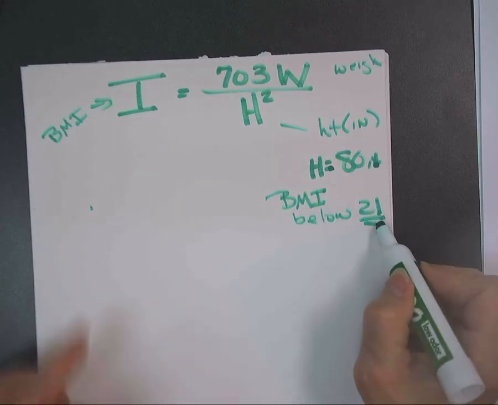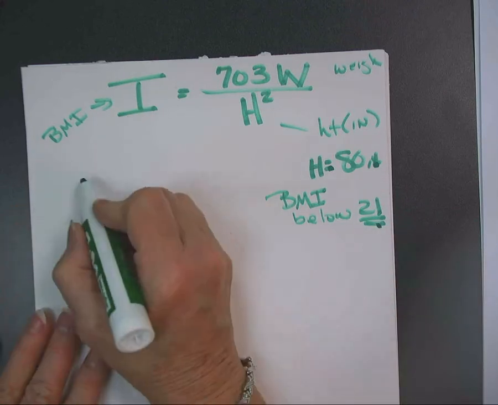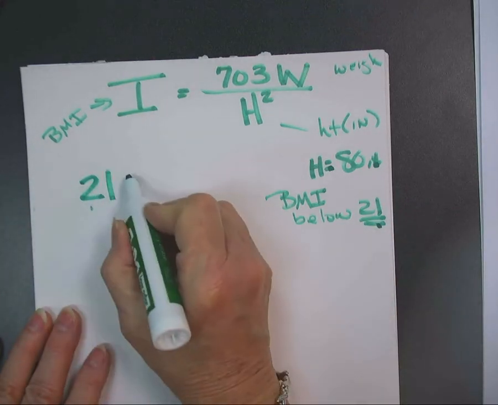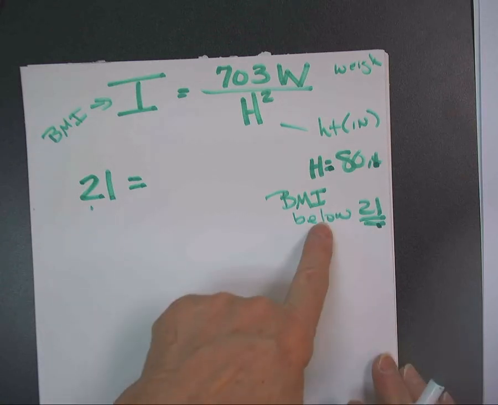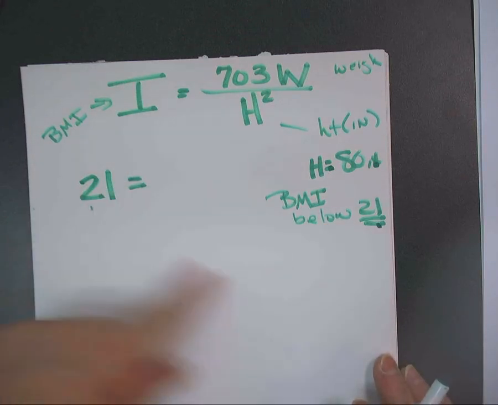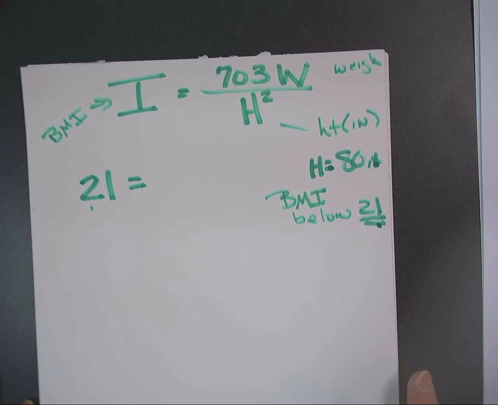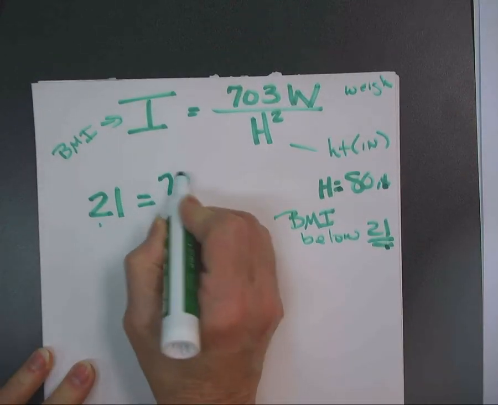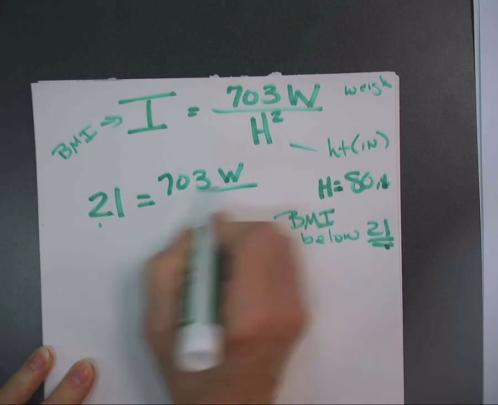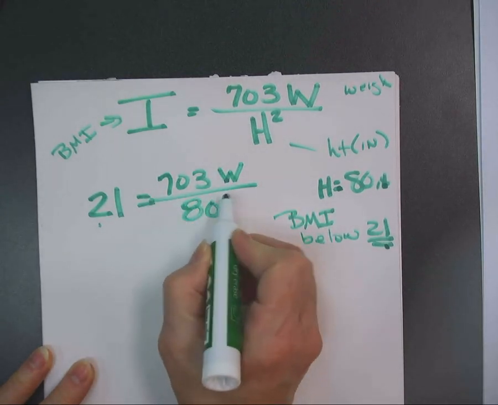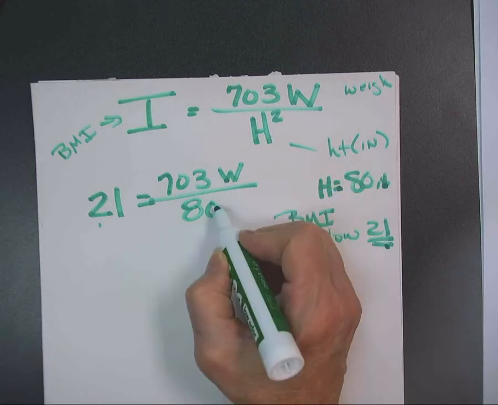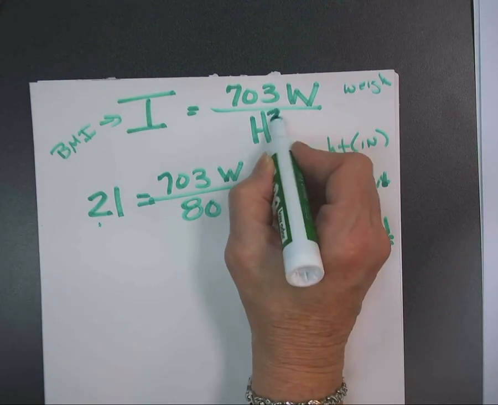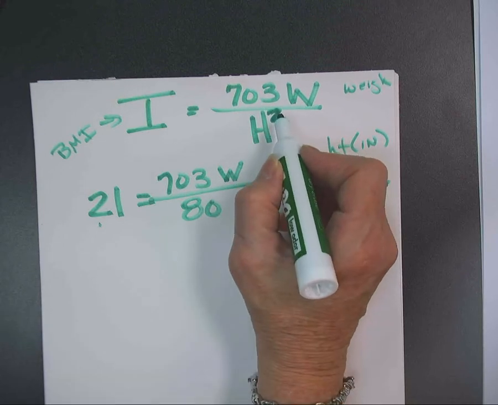Put the 21 for body mass index. You could just set it equal for now, and just know that you want to keep it below whatever the weight ends up being. Then you put 703 W, over 80 squared.